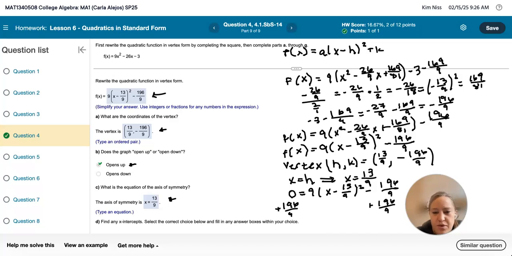Okay, so then we're left with 196 over 9 equals 9 times (x minus 13 over 9) squared.